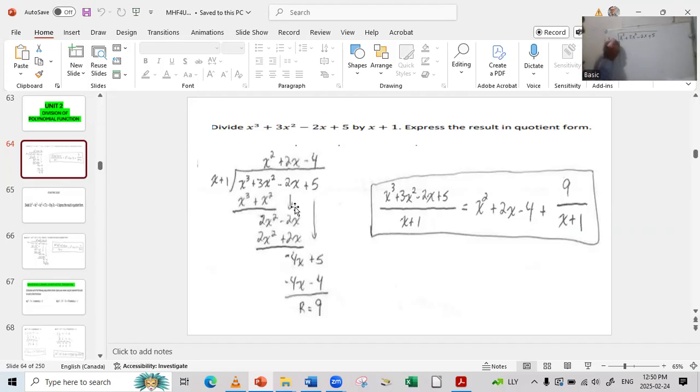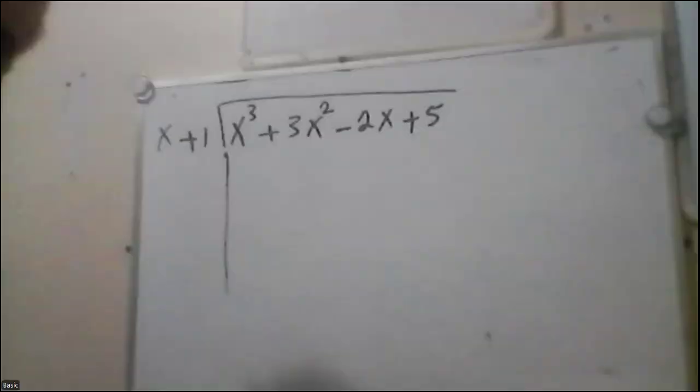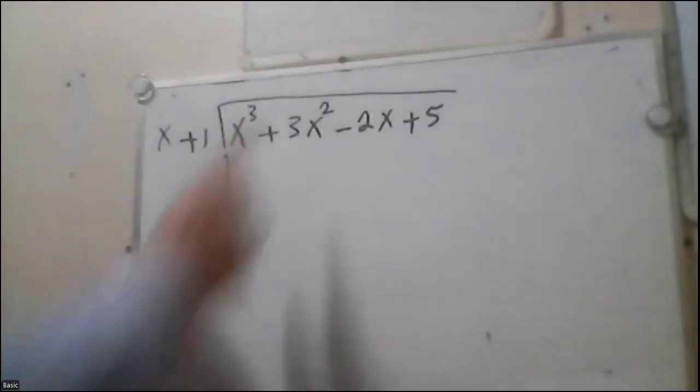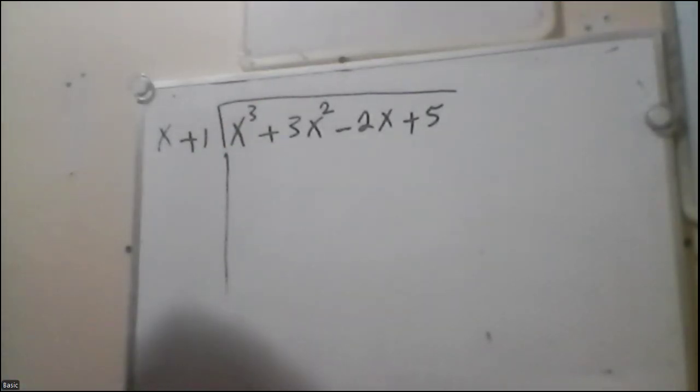What I will do first is stop sharing the screen so that you can see it on the board here. Here is the example in front of me, and I will go one by one.